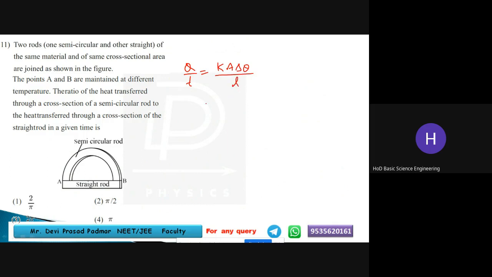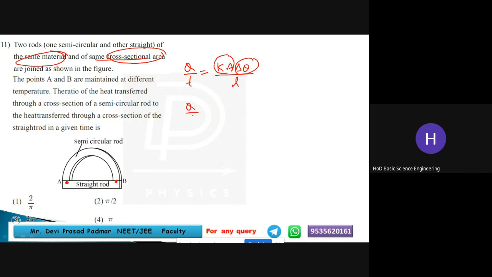Right? So now same material is given, that means K value is same, and same area of cross section is given, that means A value is same. So these two values remain same. And what about delta theta? Both the ends are maintained at same constant temperature, right? Therefore, that is also constant.